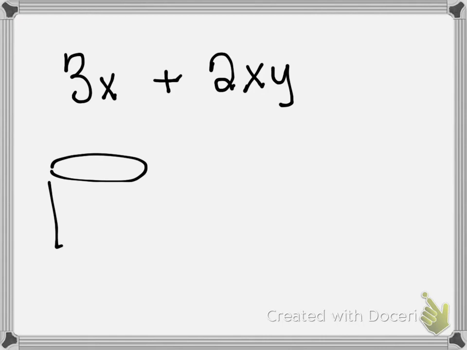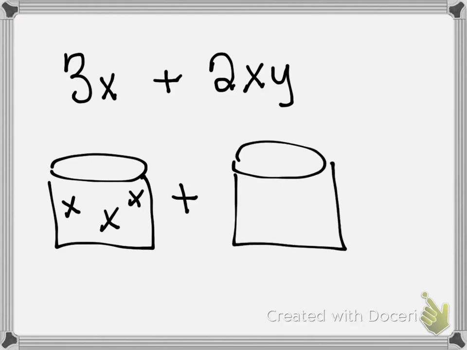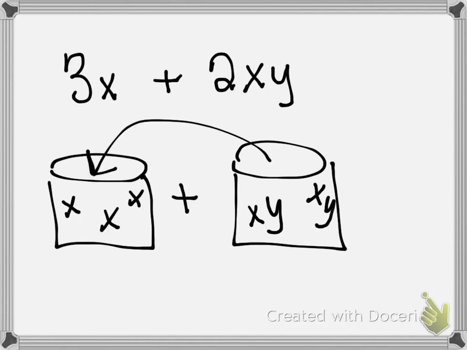What about if we had 3x plus 2xy? So in this bucket, we have 3 x's, and we're going to combine this bucket with it, and over here we have 2 xy's. We're going to dump these in there, and I want to ask you, are the variables the same?